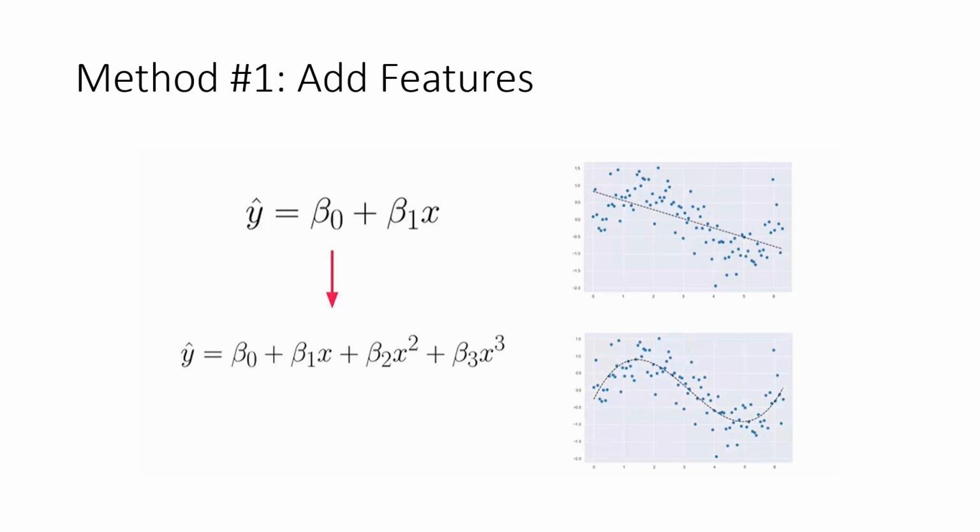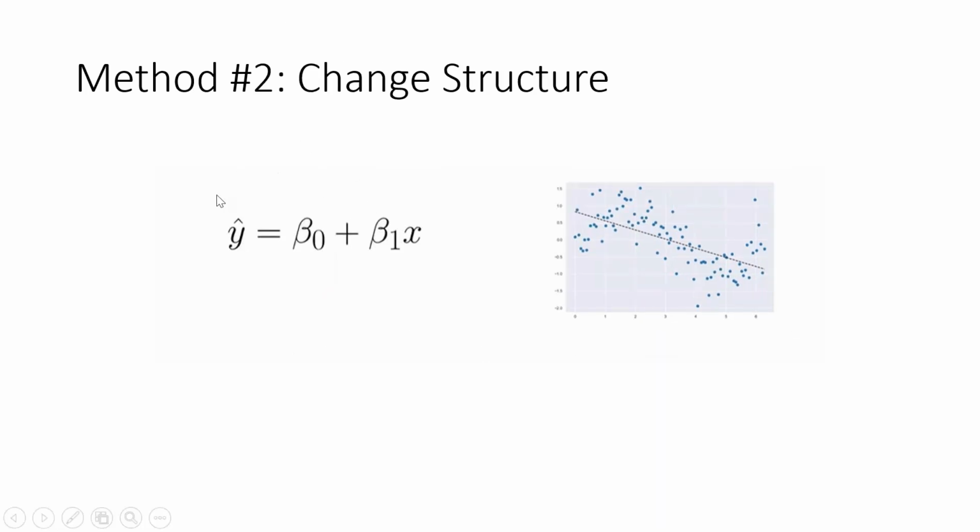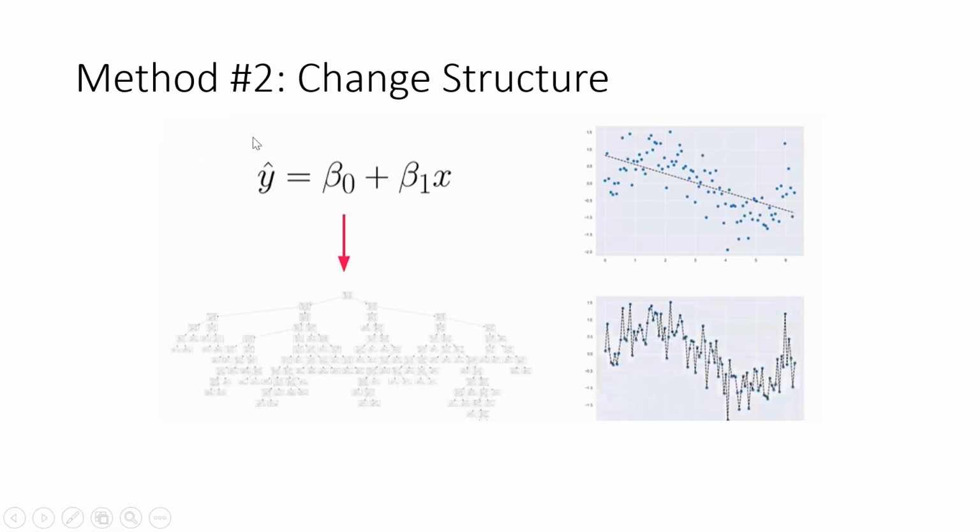Another way to increase complexity is to change the structure itself. Here we are using a mathematical mapping function, and I want to increase the complexity, so I change it to a tree structure. I did this because even polynomial regression doesn't naturally understand the non-linear relationship that might exist between my input features and my predicted variable.